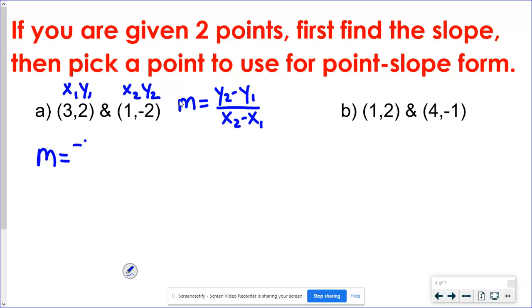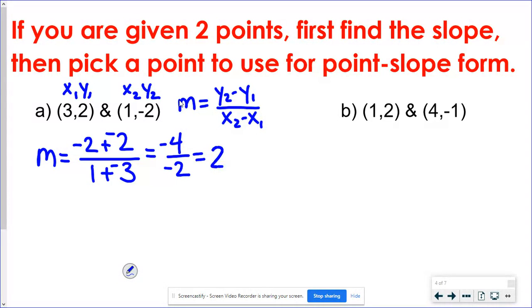So my y sub 2 is negative 2. My y sub 1 is 2. X sub 2 is 1, and x sub 1 is 3. So on the top, I'm going to get a negative 4, and on the bottom, I'm going to get a negative 2. A negative 4 divided by negative 2 is 2.